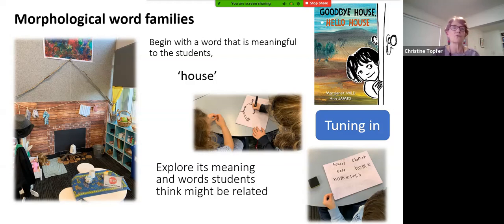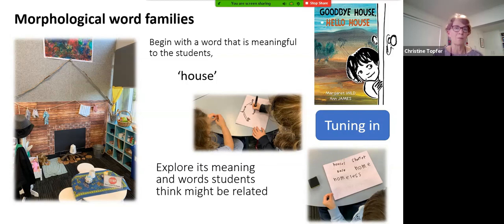In morphological families, the tuning in can be from your learning area, or it could be from a piece of literature. The most important word in that piece of literature, the key idea, might be a word that you now dig deeper into and look at a morphological word family. Or as Emma has done, it was from her play-based investigations.